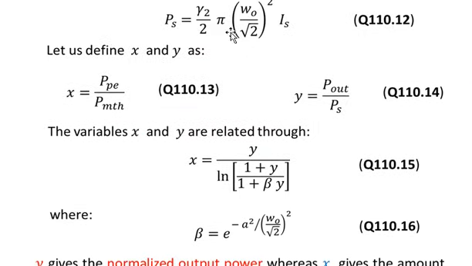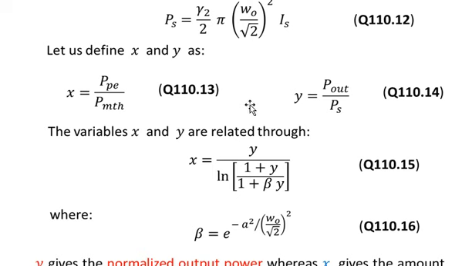In order to obtain this equation from the expressions of x and y, I would suggest that you multiply the right hand side of equation number 14 to the left hand side of equation number 13, and similarly multiply the left hand side of equation number 14 to the right hand side of equation number 13, and then rearrange them in the form of P out over PPE.